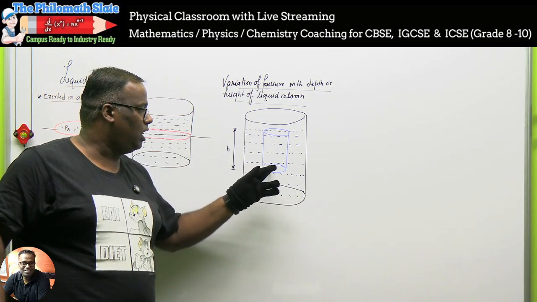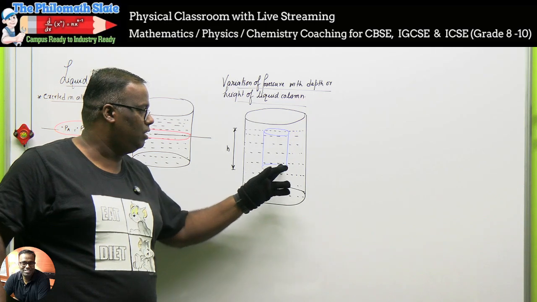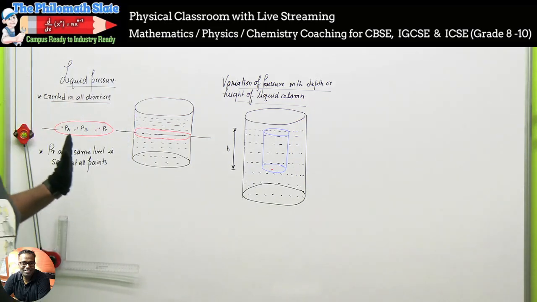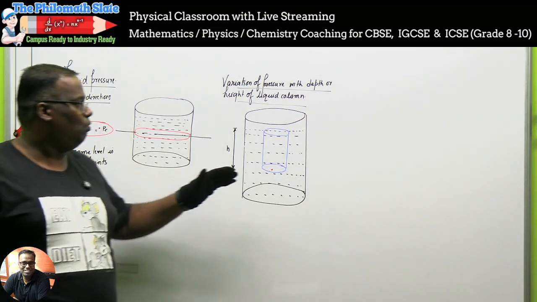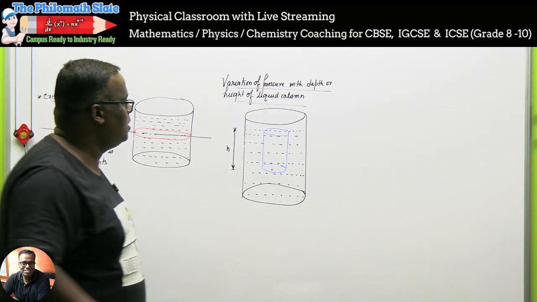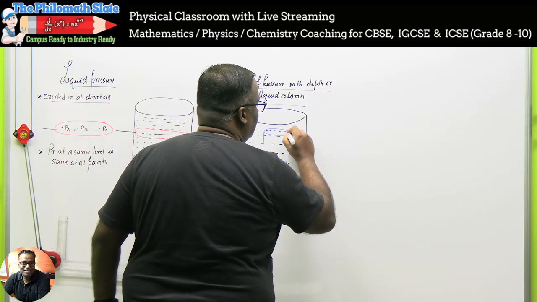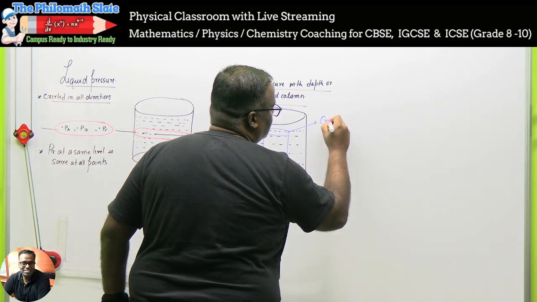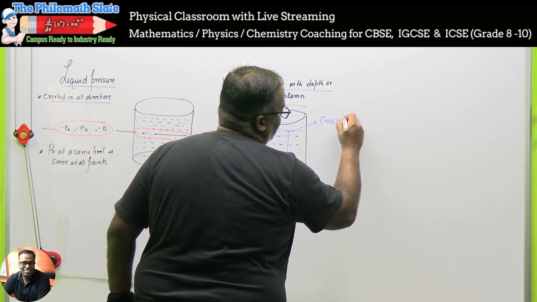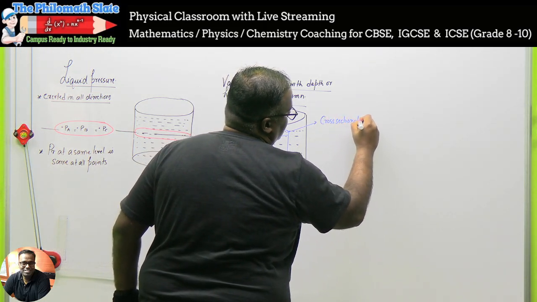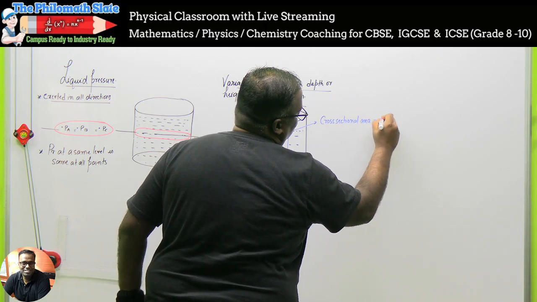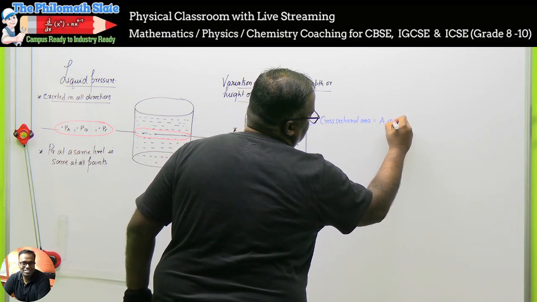Now pressure at all points on this particular cross section will be same, right? This column has been imagined in such a way that the cross sectional area of this column is A square units.